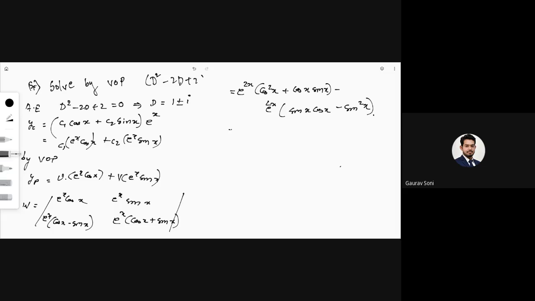You take e to the power 2x common. In bracket cos x sin x will get cancelled out from both of them, and sin square x plus cos square x will become 1. So Wronskian is equal to e to the power 2x.